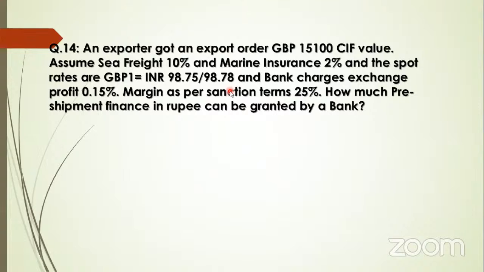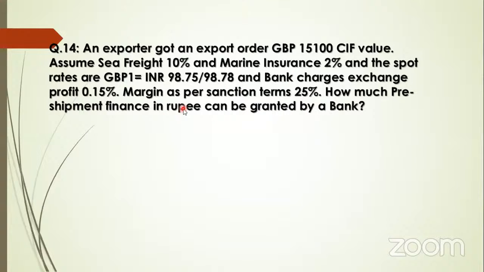Sometimes you are giving a car loan. Car is 5 lakh, including road tax and registration. On the 5 lakh, you will take 20%. Similarly, you calculate margin not on CF value but on FOB value, which is the ground rule. Now, how much pre-shipment finance? That is packing credit in rupee.